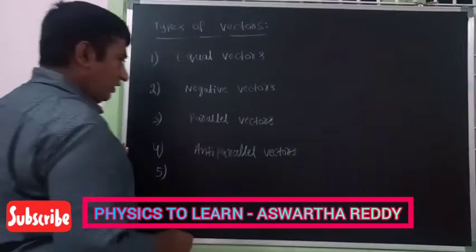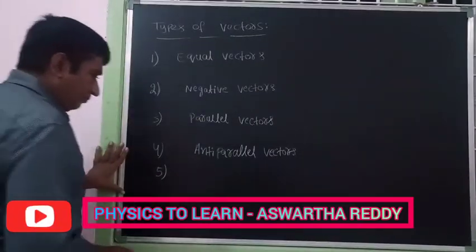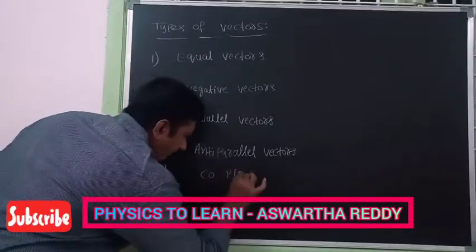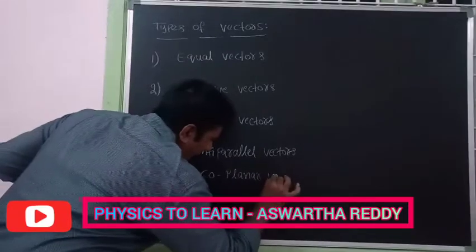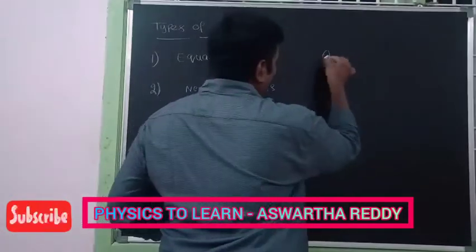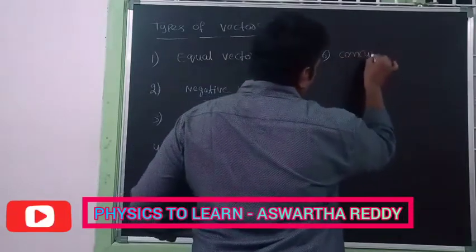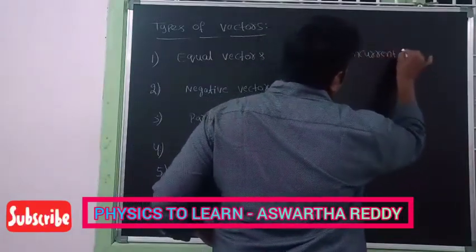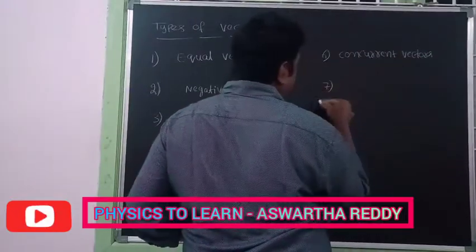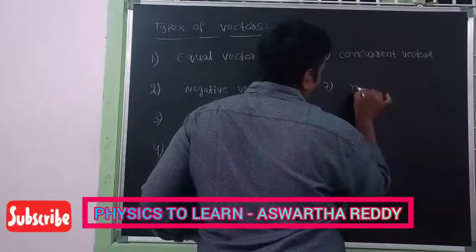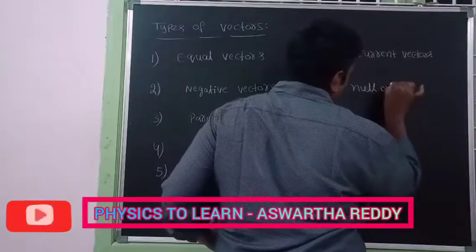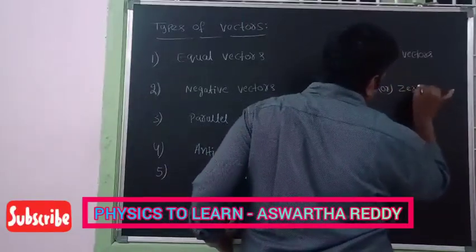The next one is coplanar vector. Next, concurrent vectors. Next is null or zero vector.